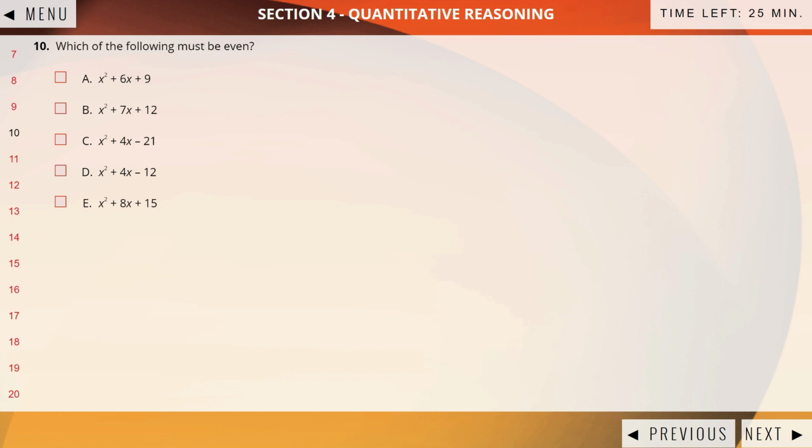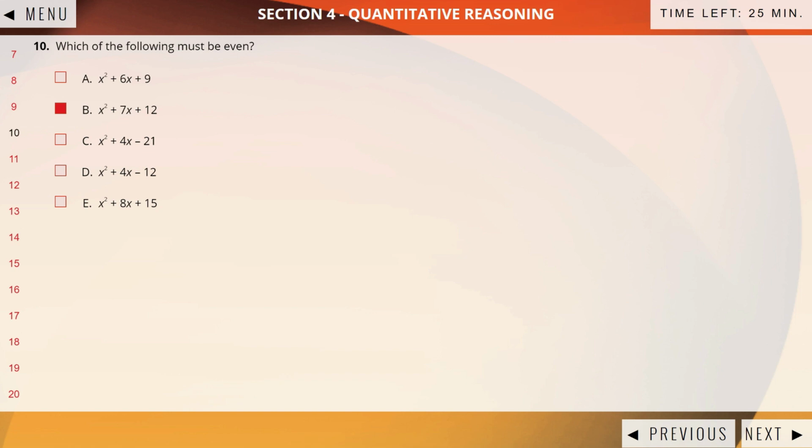Okay, quantity B. If x is even in answer B, then x squared is even, 7x is even, and 12 is even, so that would be even. But if x was odd, x squared would be odd, because an odd times an odd is an odd. 7x would be odd, because 7 times an odd is an odd. And an odd plus an odd is an even, and an even plus 12 is even.